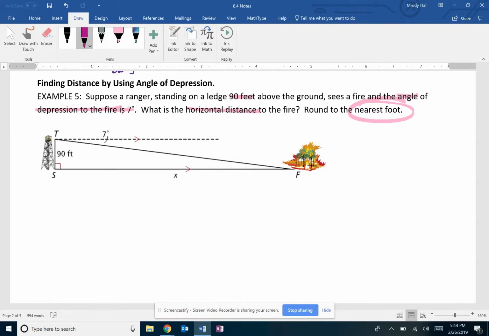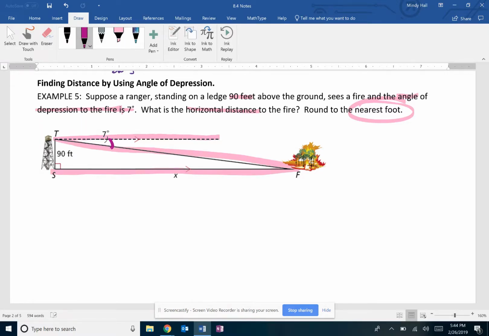So looking at this, notice in the picture, if you are the ranger, your line of sight is this horizontal line. Now remember, you have to have a horizontal line in order to have an angle of depression or elevation. So we know this is a depression because we're having to look down to the fire. And if you notice with this, you have this cute little Z in here, don't you?